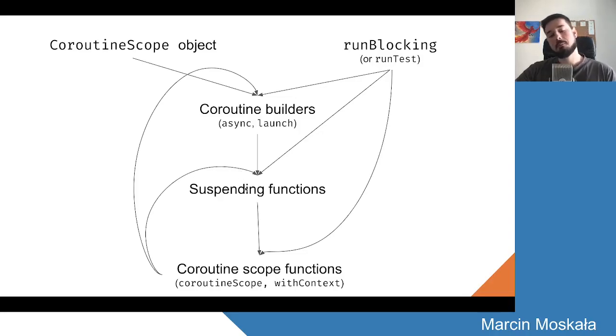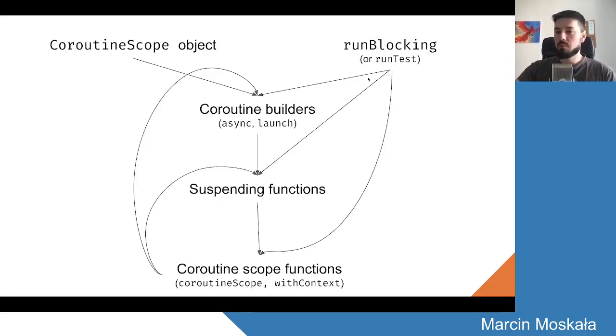From time to time, where we need to modify something, like when we modify a context or set a timeout, you just use a coroutine scope function and call suspending functions inside. So this is how our tree of what calls what looks like.